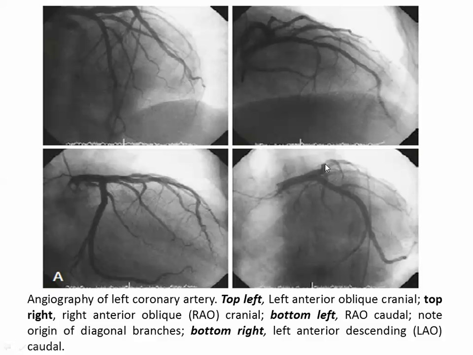But what can you see? The circumflex, because it's caudal, and as we said, once you move caudal, it will pull down the posterior structures, like the LCX. The LCX is near the shaft, near the spine. It is the same as the view.